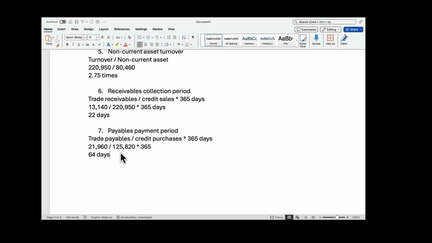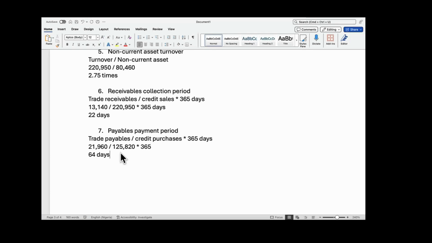Furthermore, if you're having an increasing payables payment period, that could signify that you don't have cash flows, you don't have money, you have a liquidity problem, and you're only relying on your supplier's money to run your business. So it's a going concern threat that we need to be on alert of.